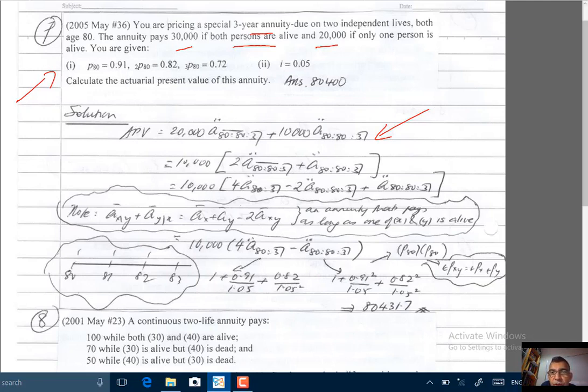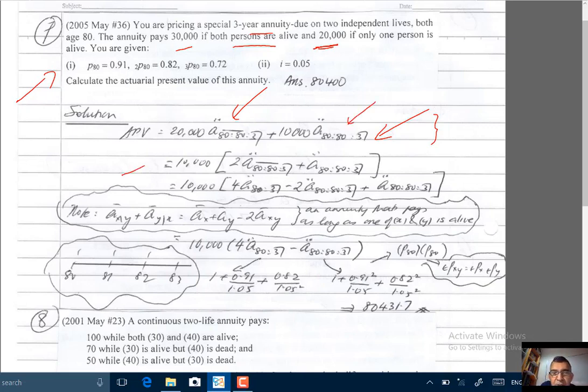You get paid 20,000 if only one person is alive, and you add another 10,000 if both persons are alive. That's the idea here. Again, you pay 20,000 if only one person is alive. That's taking care of this. And you pay an extra 10,000 if both are alive. That's what you see here.